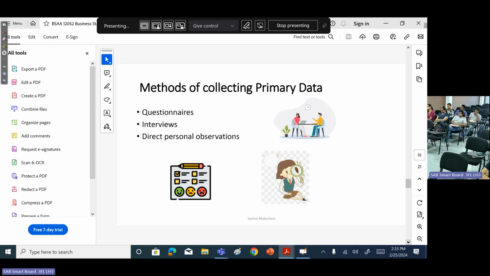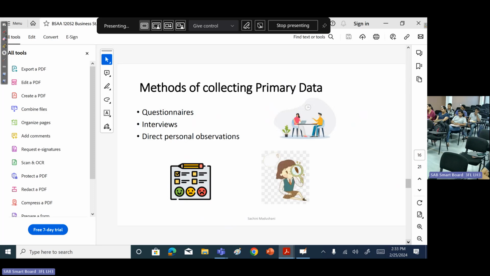Okay, then we need to identify how to collect the primary data. These are the methods of collecting primary data. The first one is the questionnaire. Do you know the questionnaire? A questionnaire consists of questions.